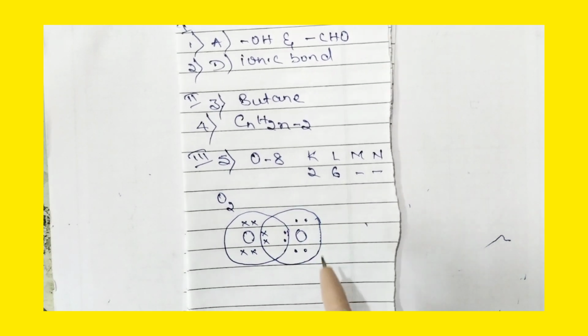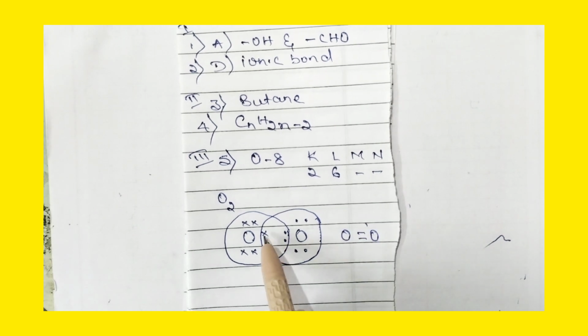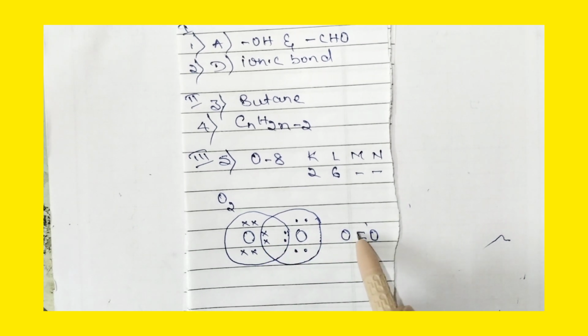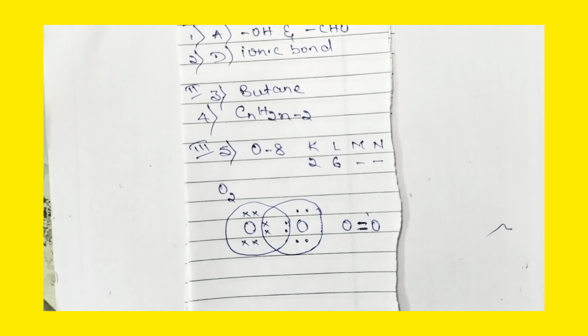Since 4 electrons are shared, that is 2 pairs, for one pair we write one bond and for the next pair we write the second bond. So O double bond O.